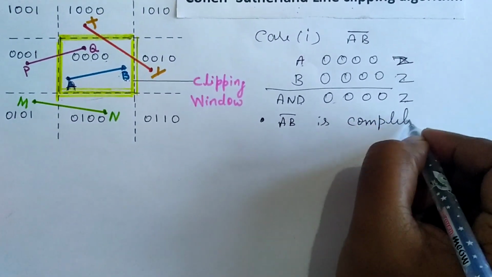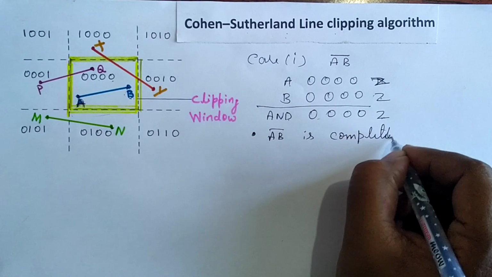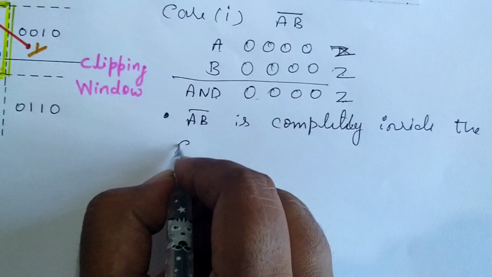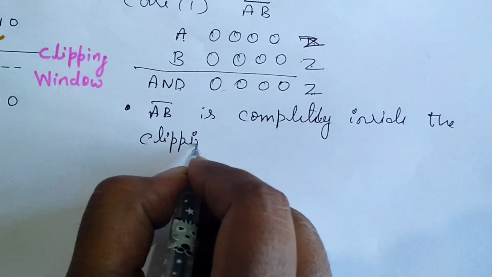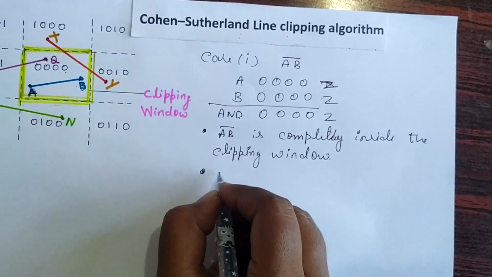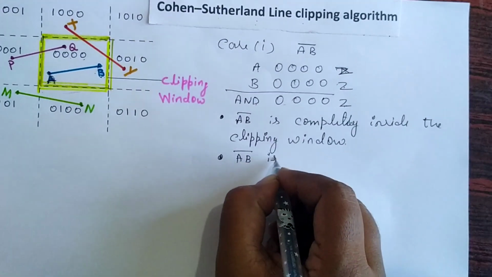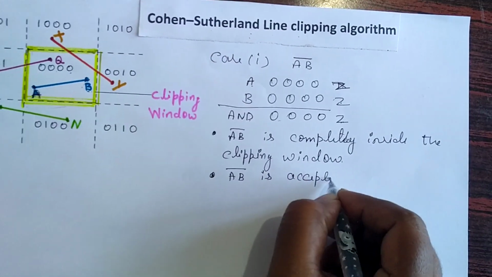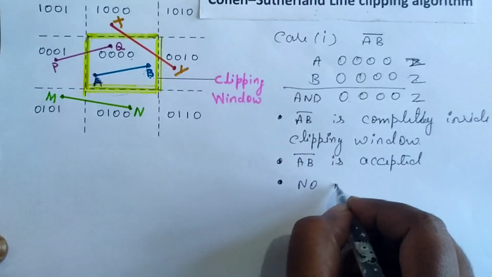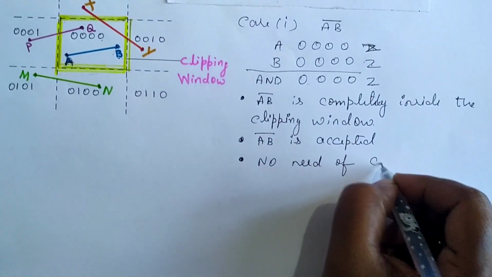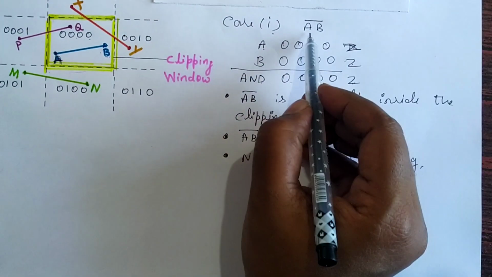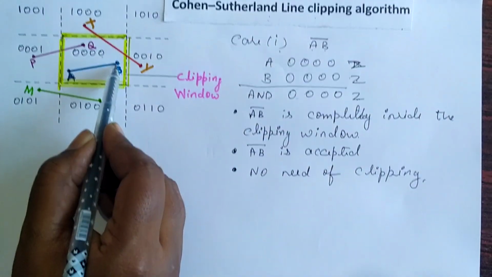completely inside the clipping window. So this line segment AB is accepted because it is inside the clipping window. In this case, there is no need for clipping. So in case 1, we discussed the line segment AB.